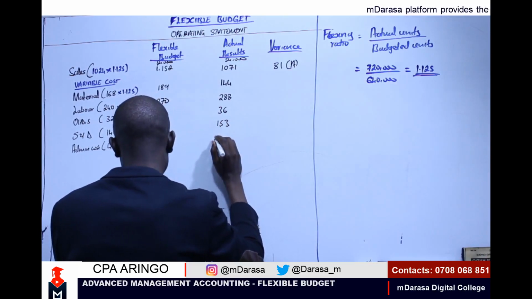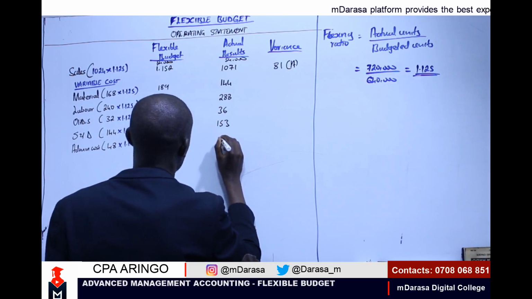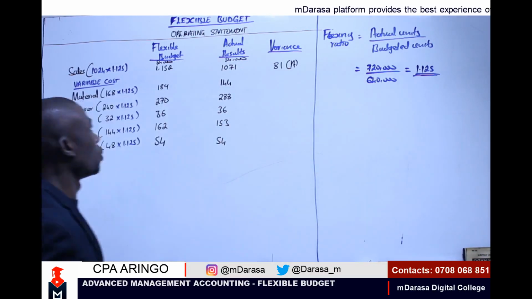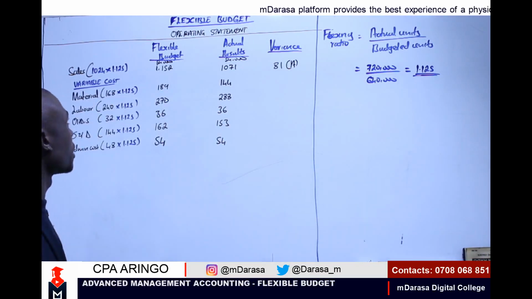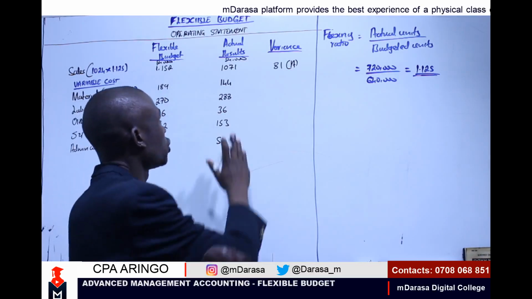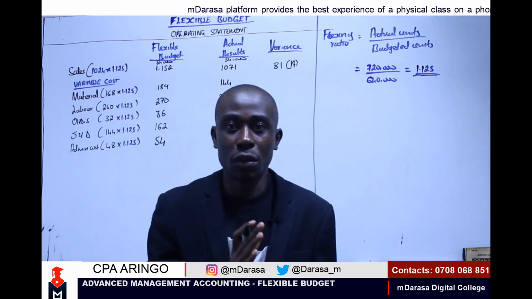And when it comes to admin cost here, I was given how much? 54. So this is our actual results which I was given.